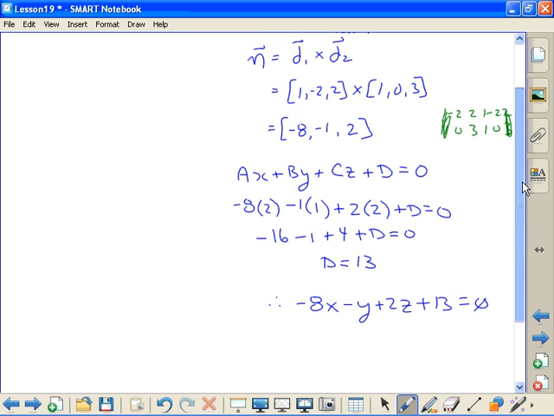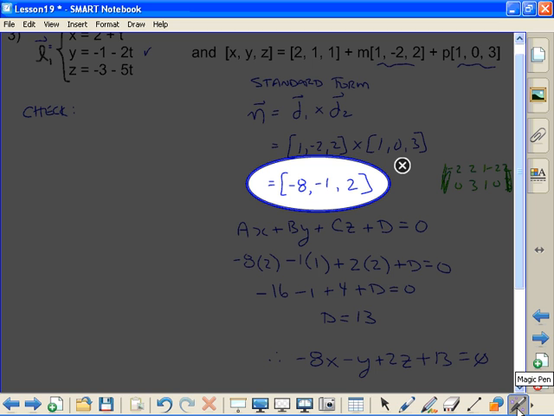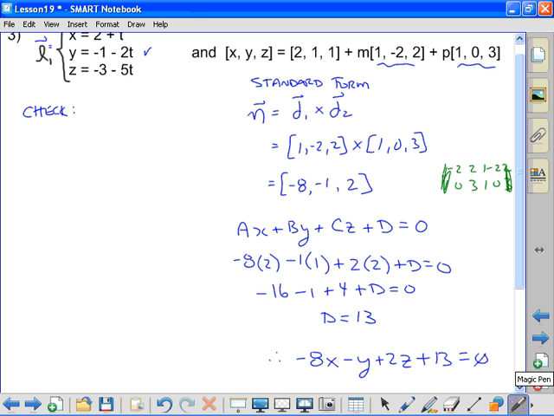But now I have a normal to work with here, because now I can come over and do my check. And the check here, I guess I didn't have to find the rest of the equation, because if the check proves that this is parallel or coincident, what I did below was kind of a waste of time.